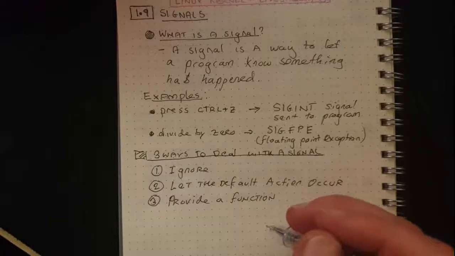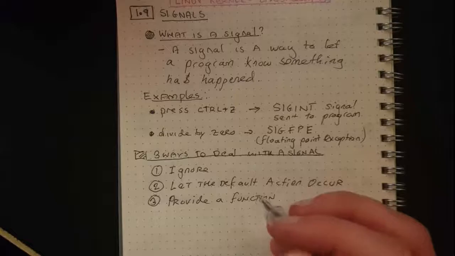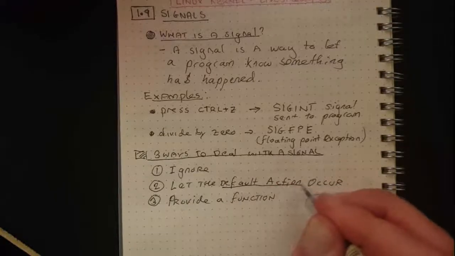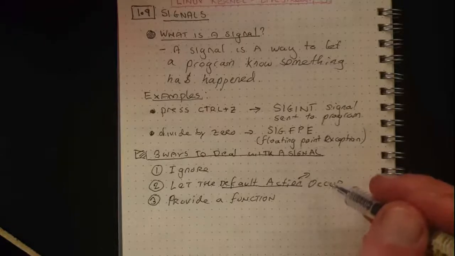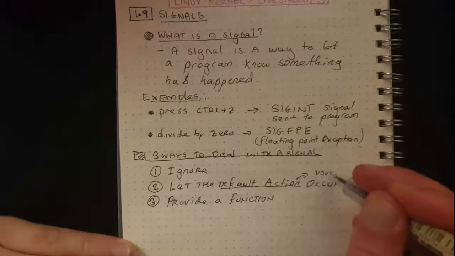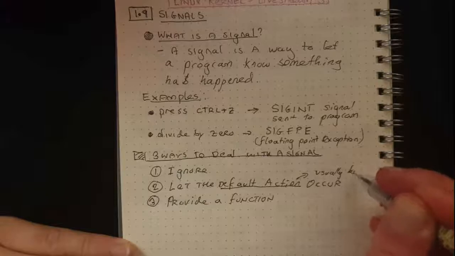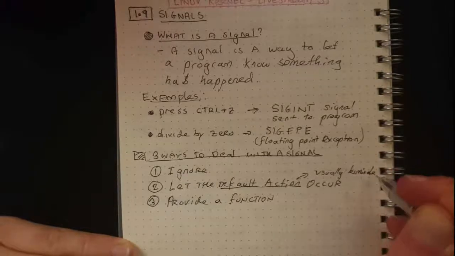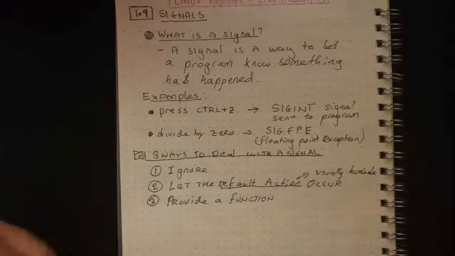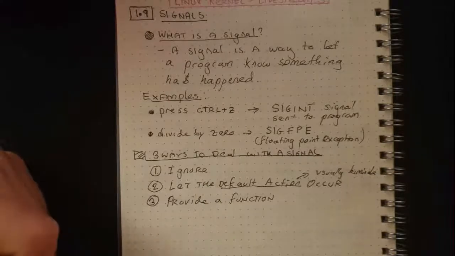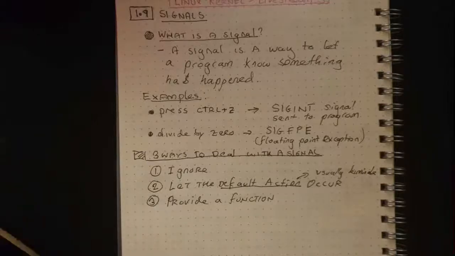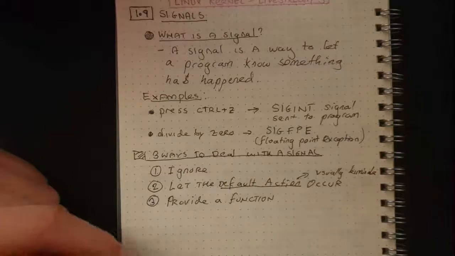For example, the default action for most things is simply to terminate the process. But in some cases, such as with Control C, you want to give the program some time to do something before it terminates.